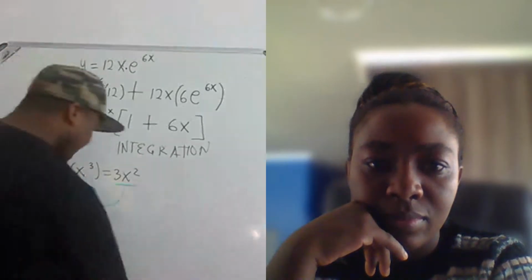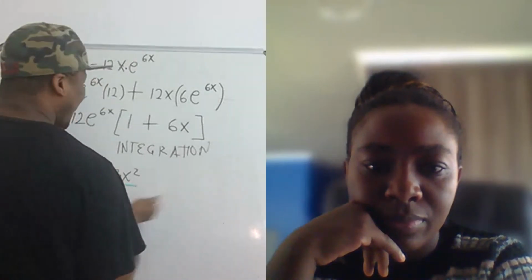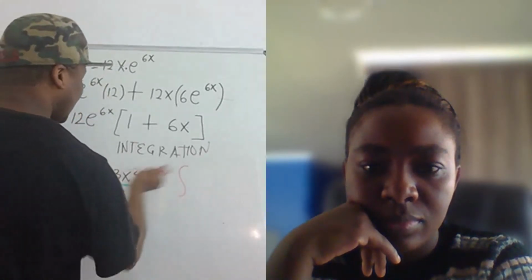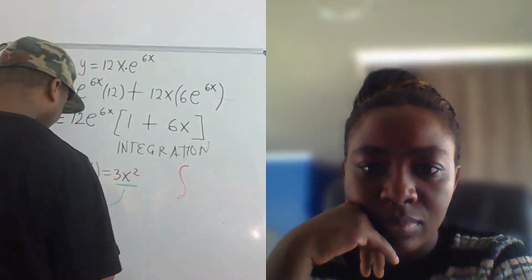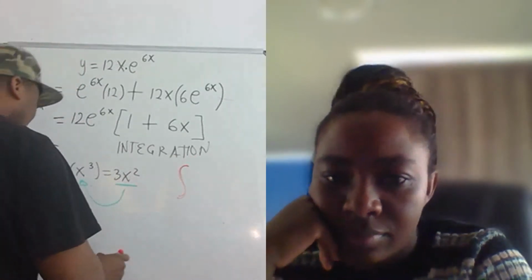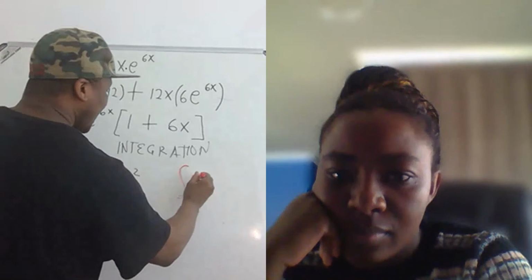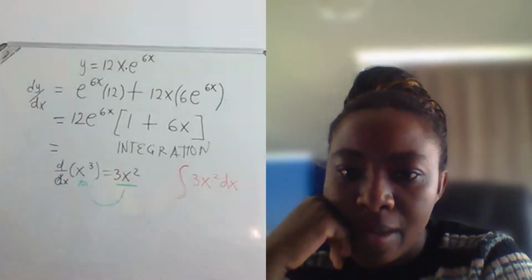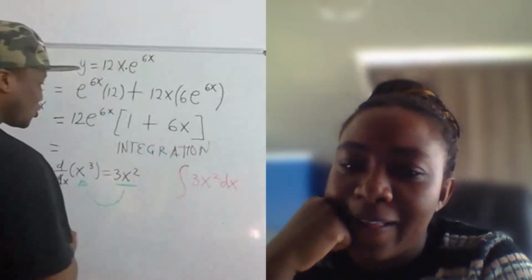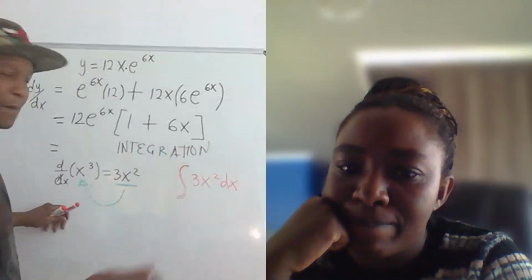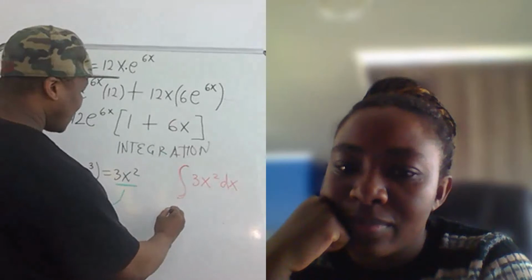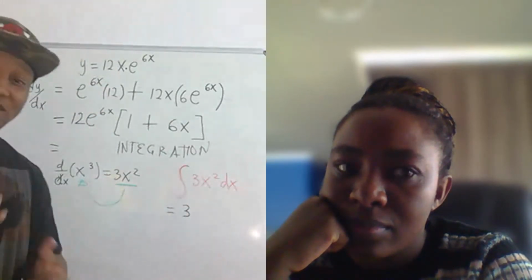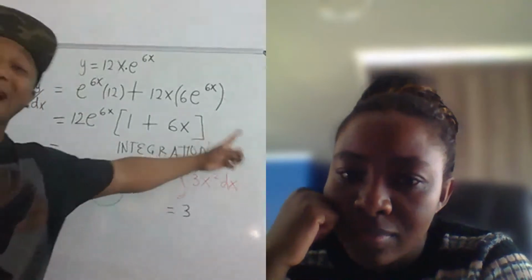For example, somebody says, integrate, it's like a snake. Integrate 3x squared. So what you do is say, 3 is just a number, so 3. Remember, for differentiation, we take the power to the back and then we minus.